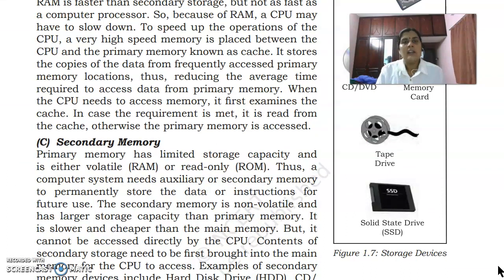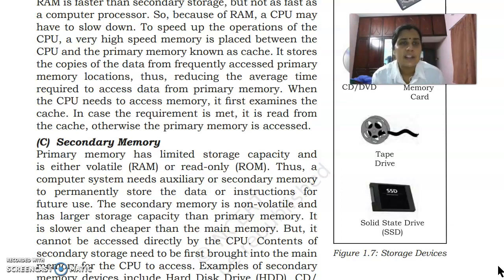Which type of data is stored in cache memory, do you know? In cache memory, the computer stores data that is frequently accessed by the user. Suppose some file we are accessing frequently, it is stored in cache memory.